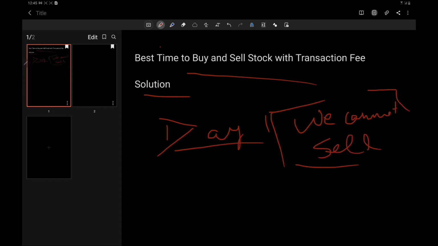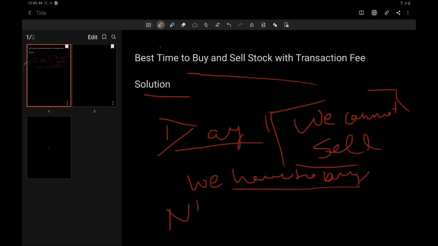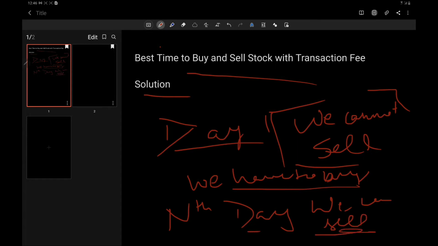So on day 1 we have to buy only. At the end, on the last day, we can sell but we can't buy. These two conditions we need to keep in mind while designing the code for this problem.